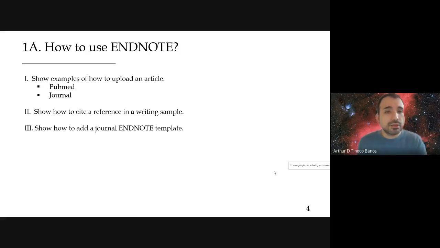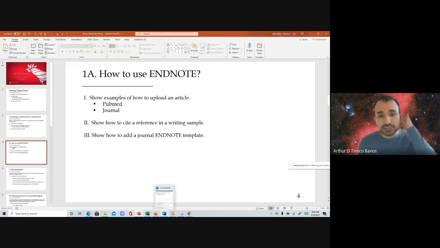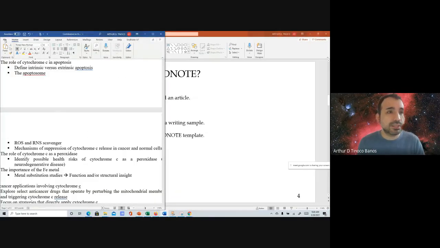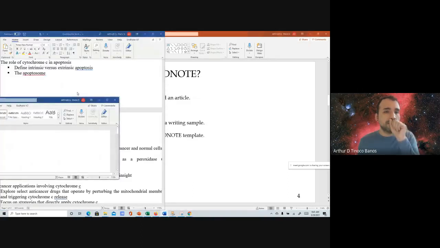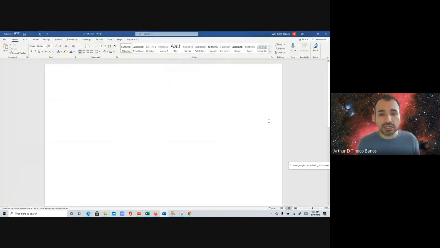Okay, so the very first thing is just to get you familiar with how you have the interface between, let's say, the Word document and EndNote. So let's show you as an example here. So I have my Word document open here. And so you should be able to see in the menu up here a tab that corresponds to EndNote.